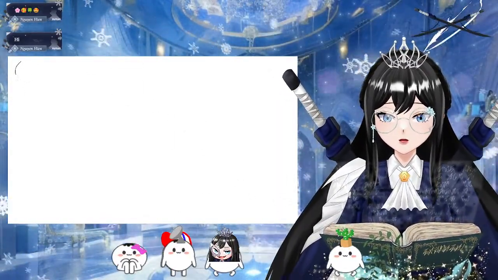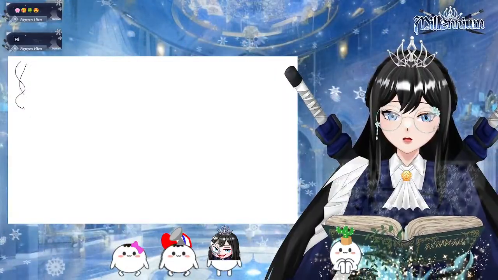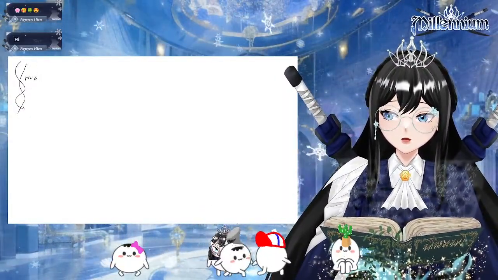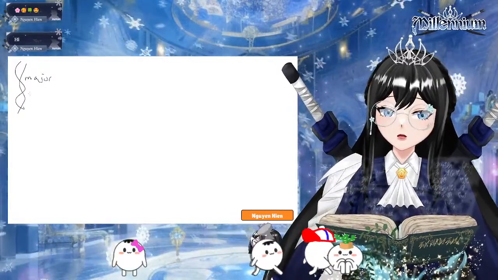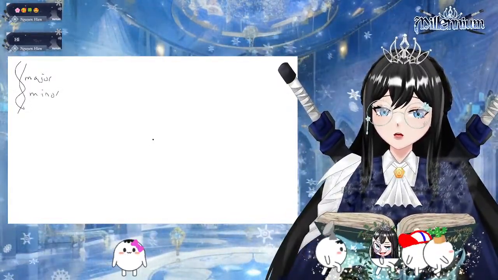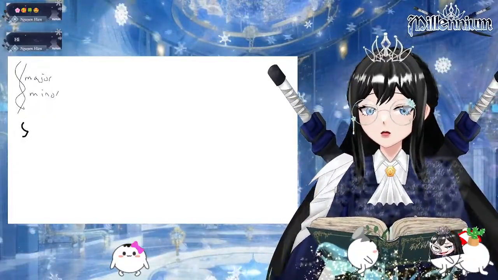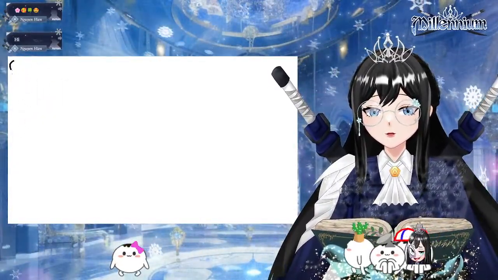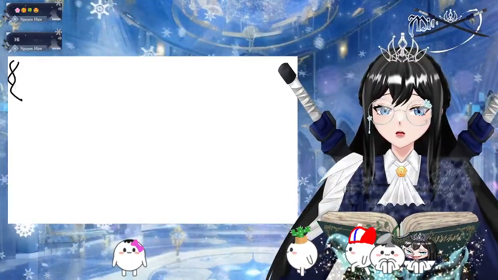So you have this, right? The major groove, the minor groove, major, and minor. Oh, I think I have to make it a little bit thicker. Much better. Okay. Again. So you have this, and the squiggles.